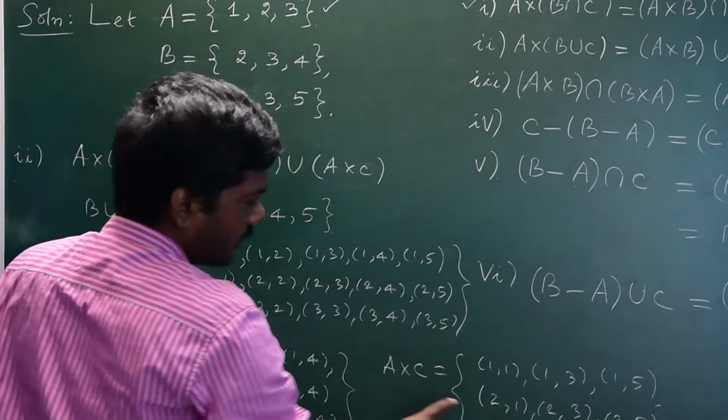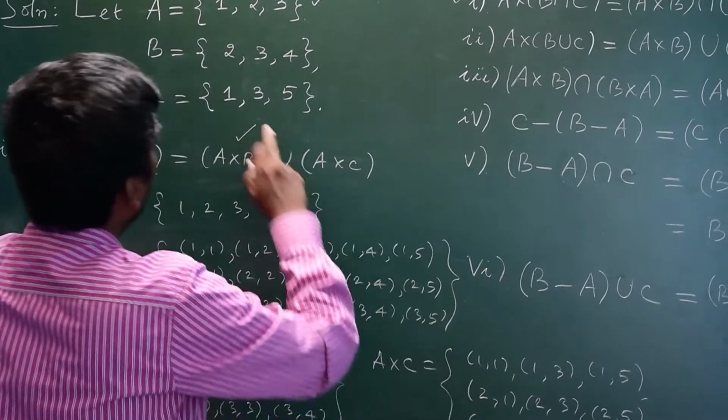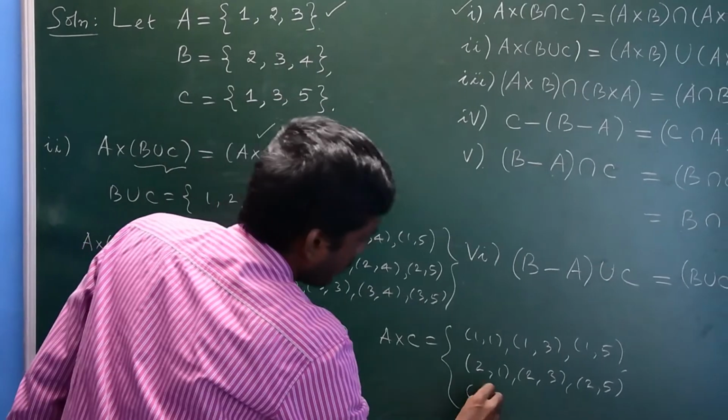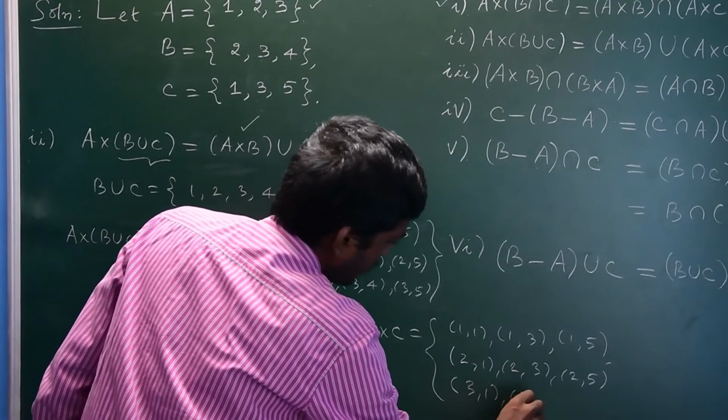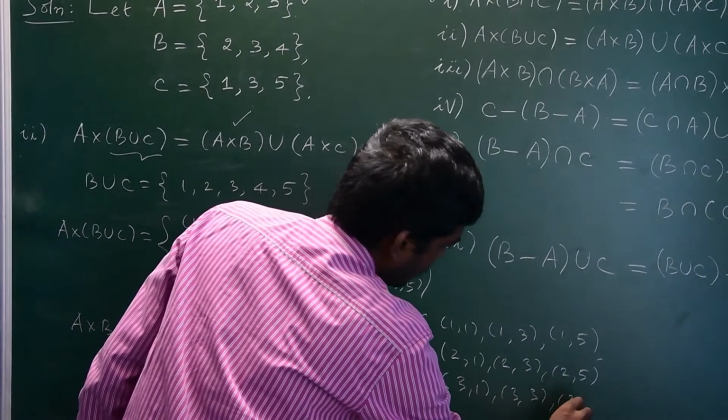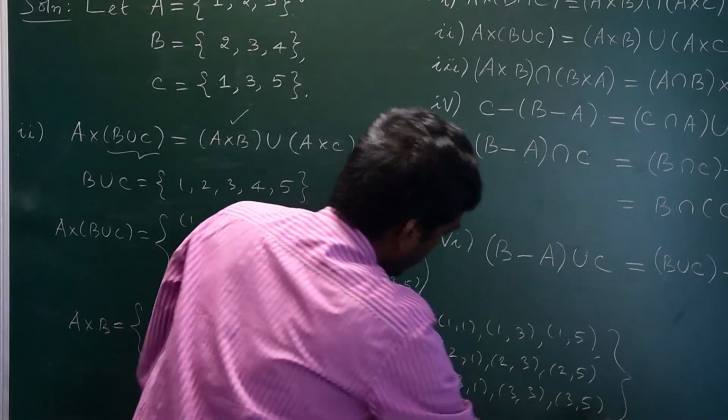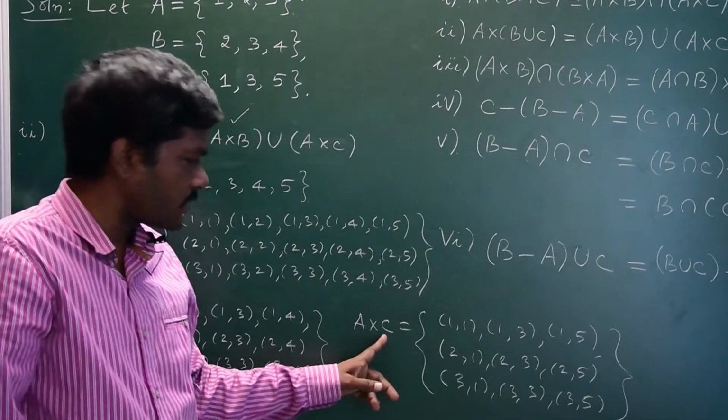The first element is from A, and the second element is from C, and then (3,1), (3,3), (3,5). முதல் எலிமெண்ட் A ல இருந்து வந்திருக்கணும், செகண்ட் எலிமெண்ட் C ல இருந்து வந்திருக்கணும்.